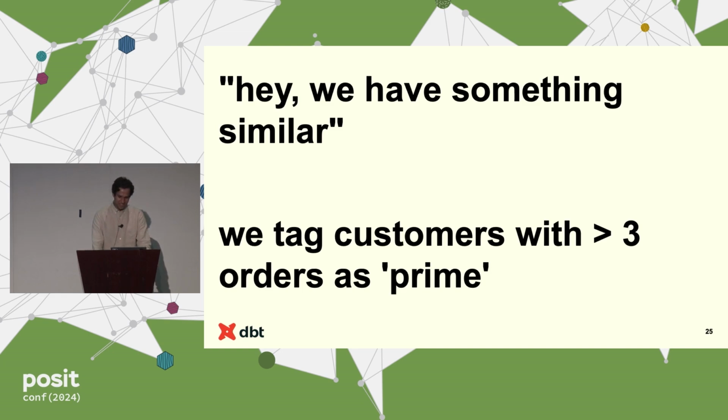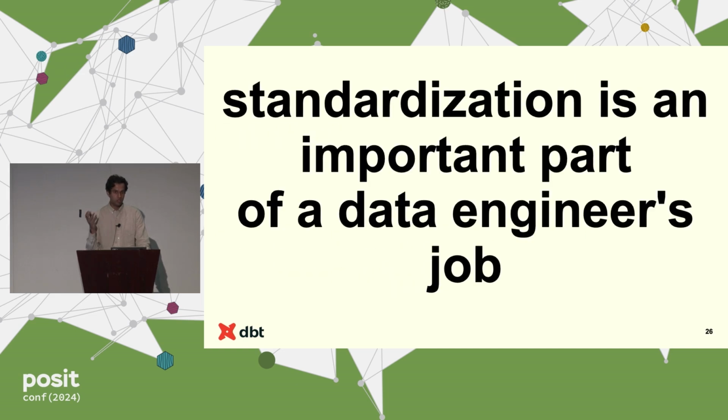And now you have a problem in that you have 2 different definitions for what are essentially the same business metric. And so what you have to do now is do standardization, which is a really, really hard organizational challenge. It's not really a technical challenge. It's that you have to get 2 different teams to talk to each other, often 2 different VPs to talk to each other, agree on a definition, do the analysis for how metrics might change, how to communicate that change to all your different stakeholders.